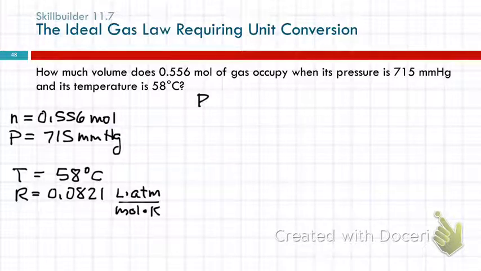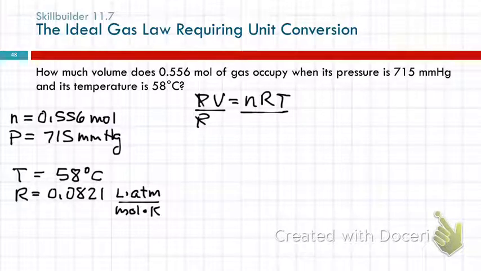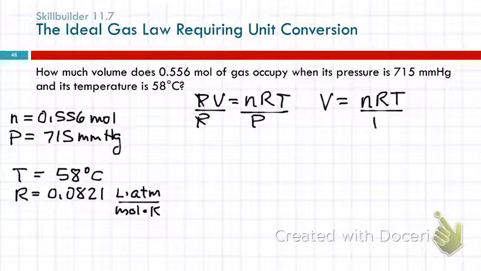So PV equals nRT. And solving for V, so we divide by P on both sides. Volume equals nRT over P.